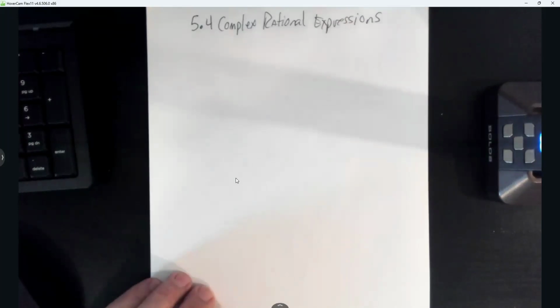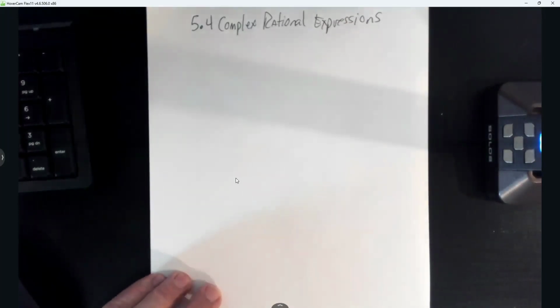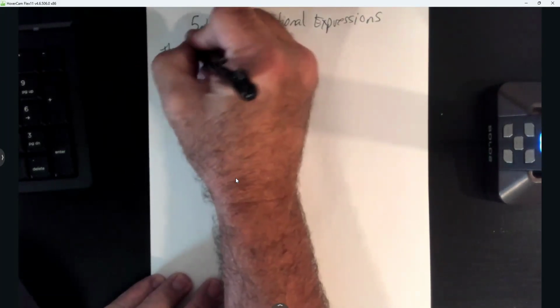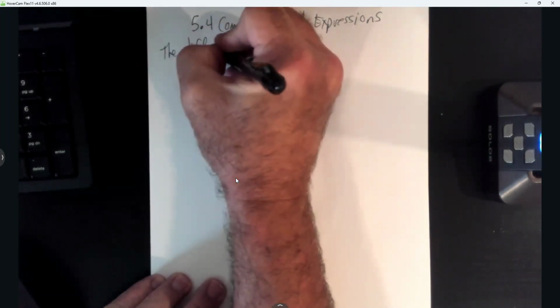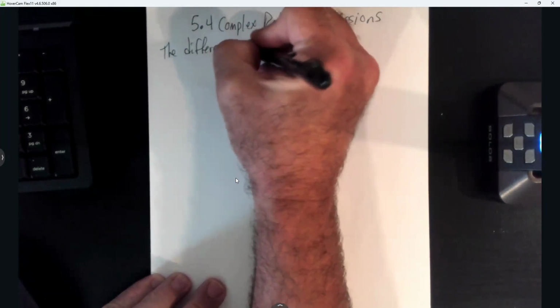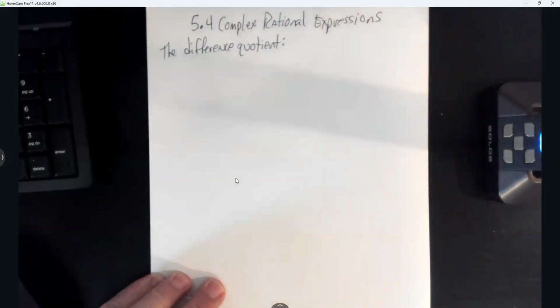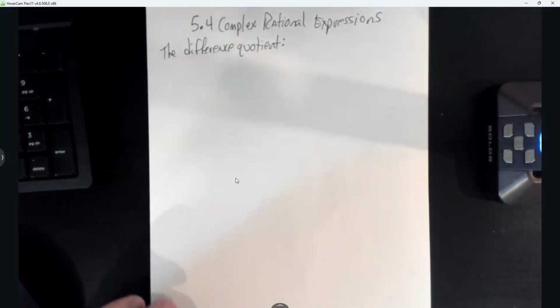But y'all, I'll tell you, we're only worried about what we call the difference quotient. So I'll explain it a little bit. But if you're going into business calculus or calculus, you'll see this formula quite a bit.